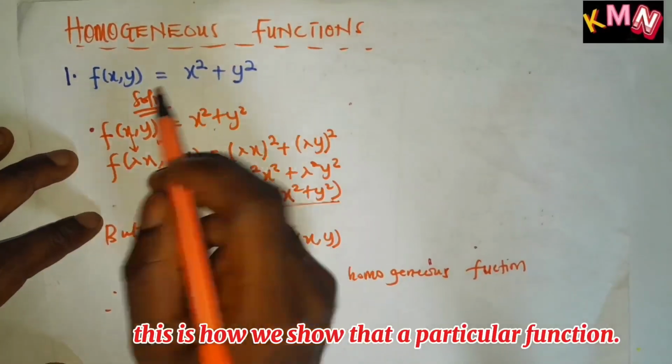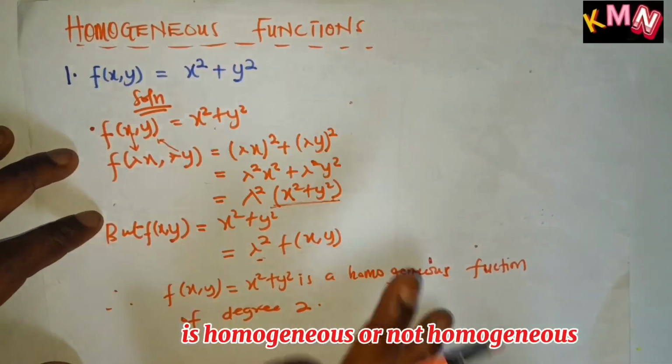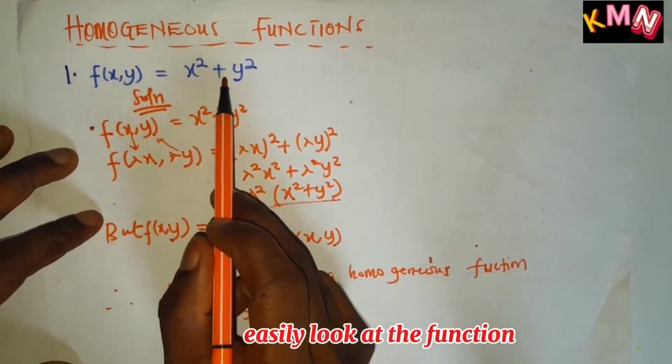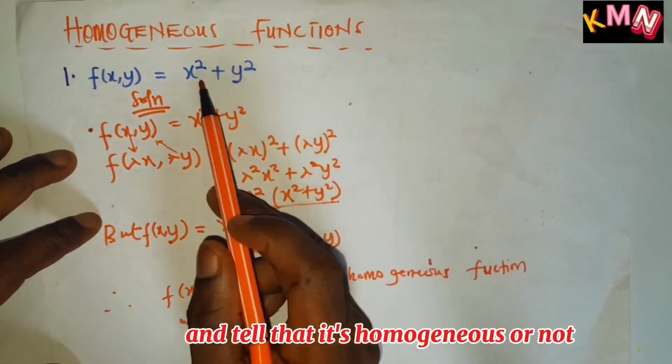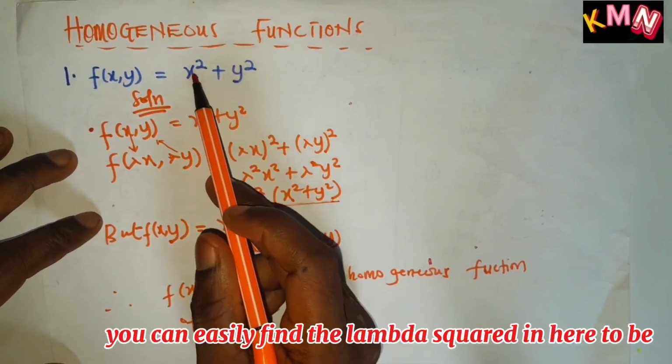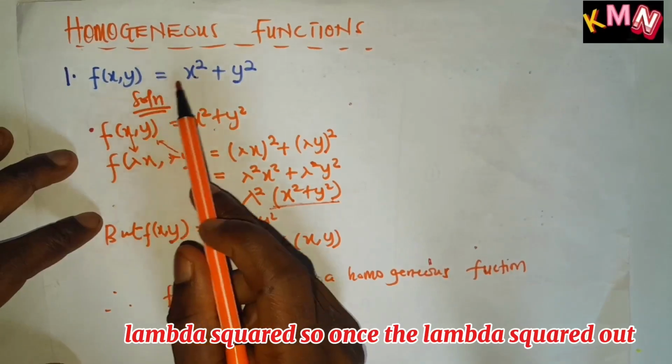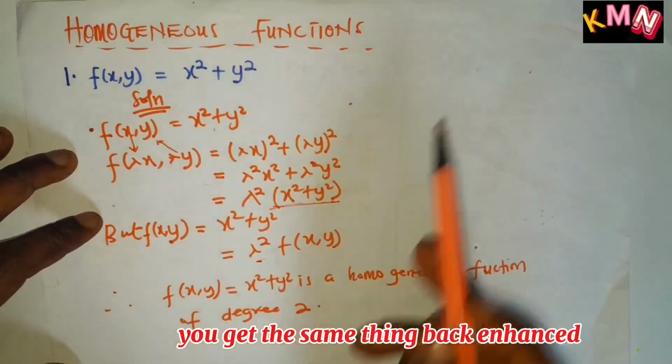This is how we show that a particular function is homogeneous or not homogeneous. Sometimes you can easily look at the function and tell that it's homogeneous or not. You can easily find the lambda squared, and when you factor lambda squared out, you get the same thing back, and hence it's homogeneous.